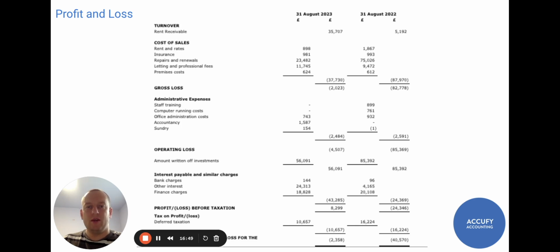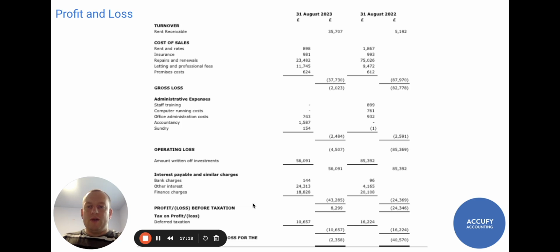So it's basically the turnover less the cost of sales, less the admin expenses, plus the amounts written off investments, less the interest payable and similar charges, and that gives you the profit before tax figure. And we can see there that the property revaluations basically increase the amount of income in the company, and therefore that's why it's got a profit before tax figure.